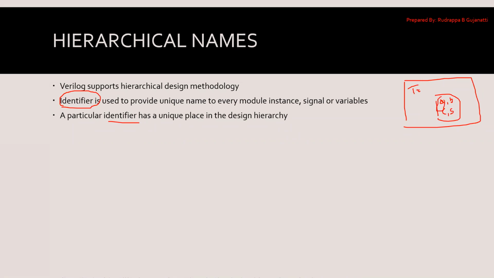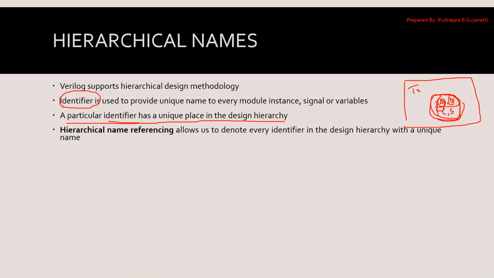These identifiers are at some level of hierarchy, and if I have to identify that, I can do it in Verilog. A particular identifier has a unique place in the design hierarchy. So here A is defined at the full adder level of hierarchy.